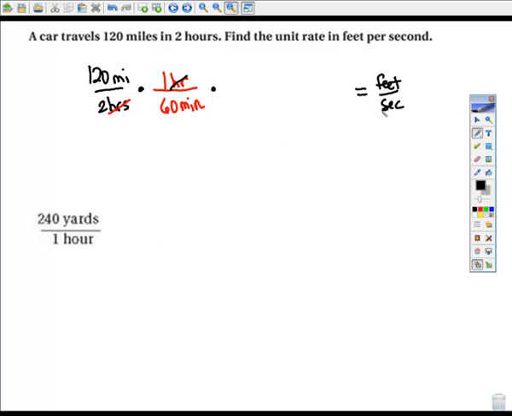I want it to be in seconds, so I know that in 1 minute, there are 60 seconds. So now look what I can do. I can cross off the minutes with the minutes. So far, if I look at the top, my units are miles per second.